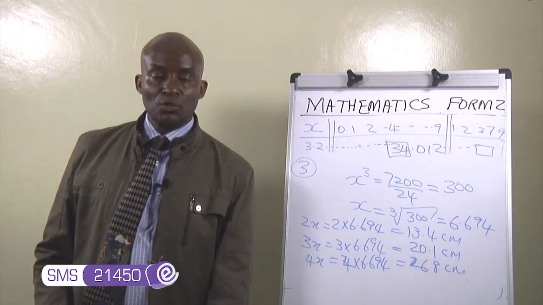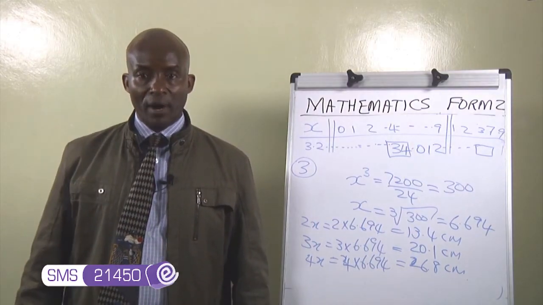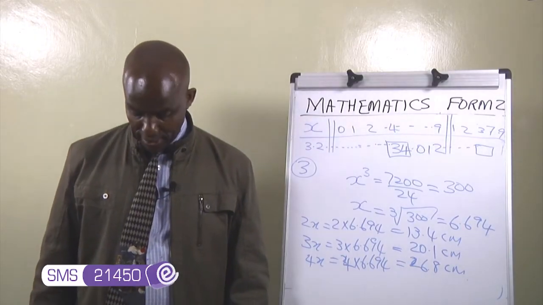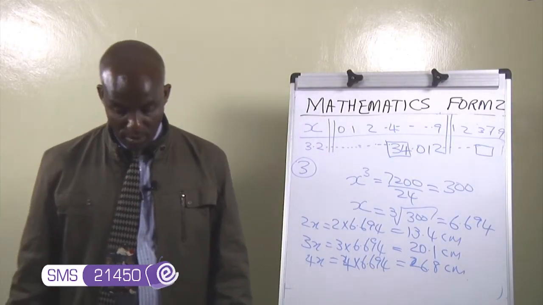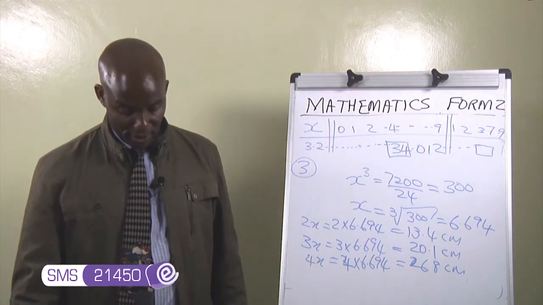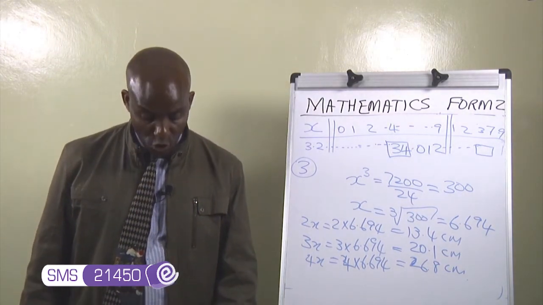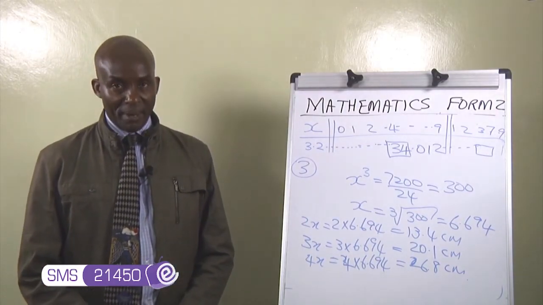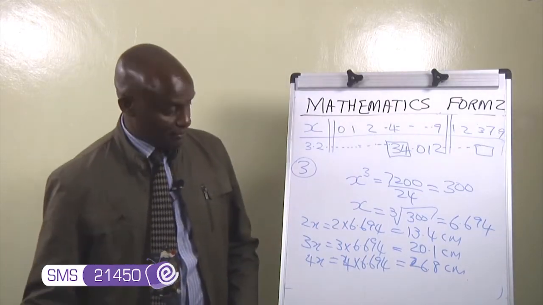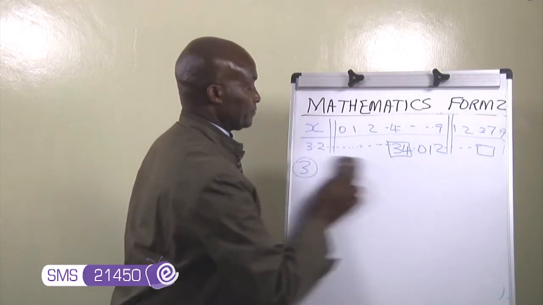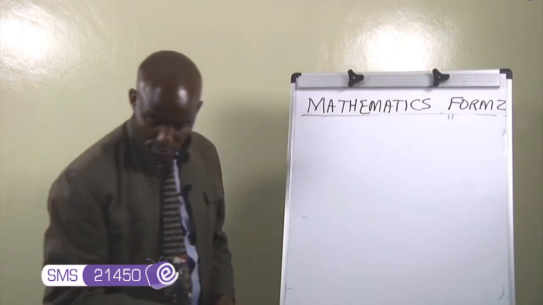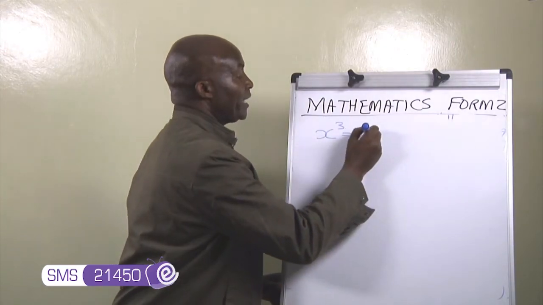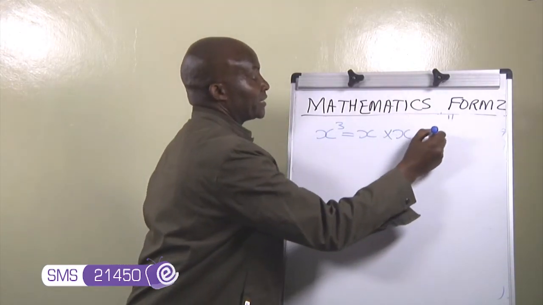So that brings us to the end of our lesson. But in summary, I would like to make the following 5 points. Number 1, the cube of a number is found by multiplying the number by itself 3 times. That is, x cubed is equal to x times x times x.